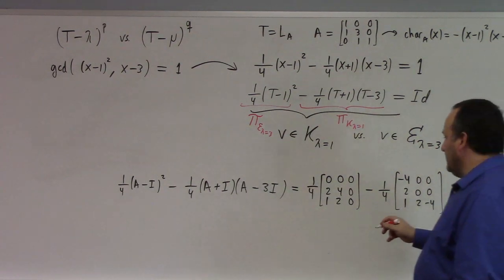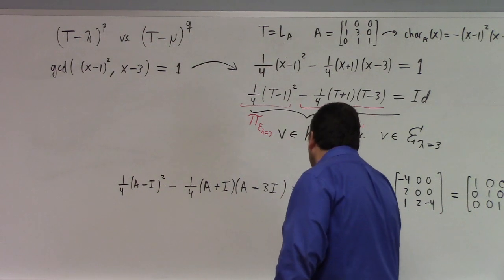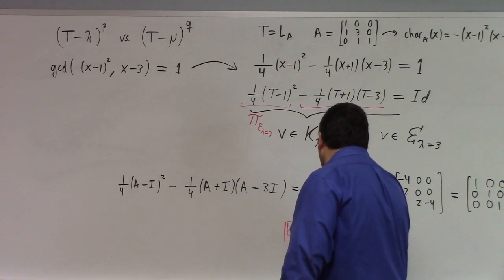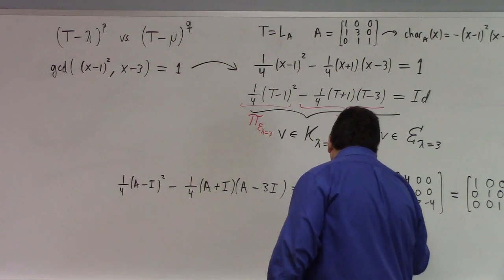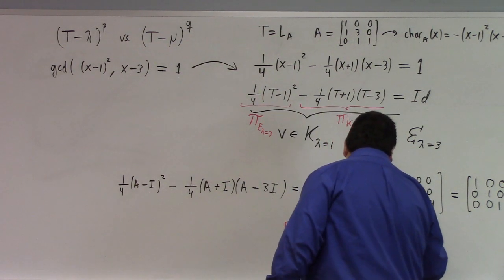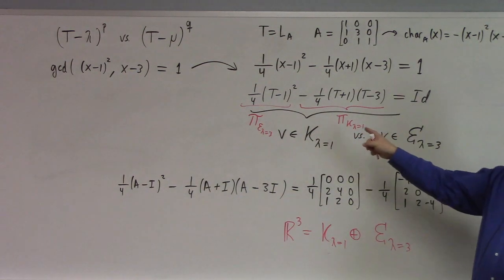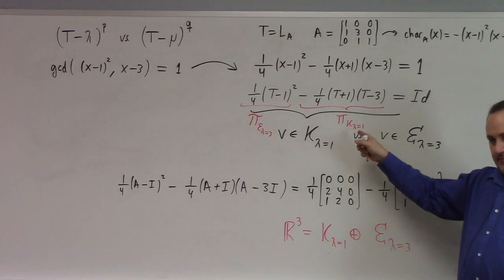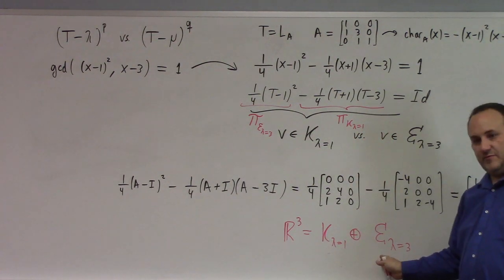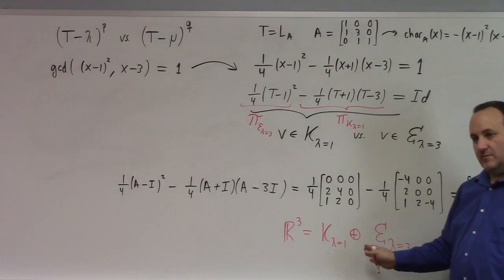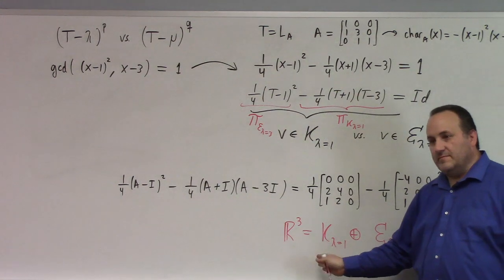Because it is true that R3 is the direct sum of the generalized eigenspace with eigenvalue 1 and the eigenspace with eigenvalue 3. And these will project onto these different spaces as appropriate. They'll actually pick out the part of the vector which lies in here or in there as appropriate.